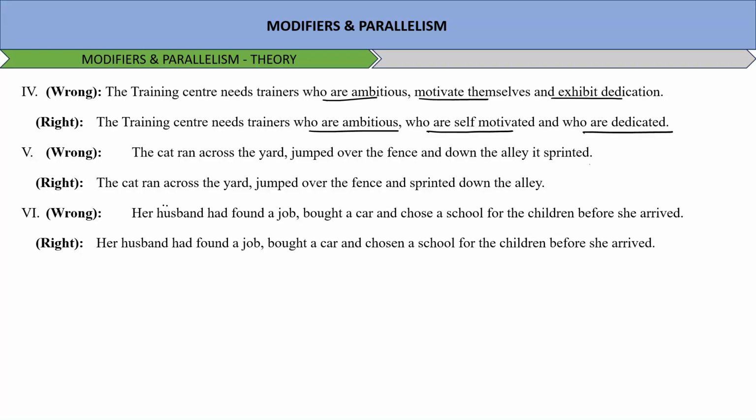This is how you will put it. Her husband had found a job, bought a car and chose a school for the children before she arrived. Her husband had found a job, bought a car and chosen a school for the children before she arrived. Chose a school is giving improper information, not appropriate enough, right?